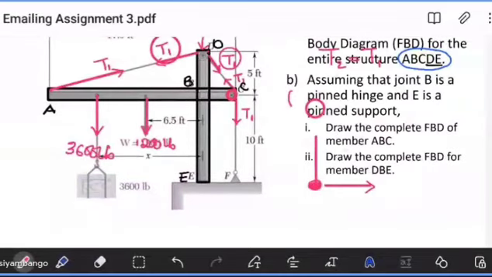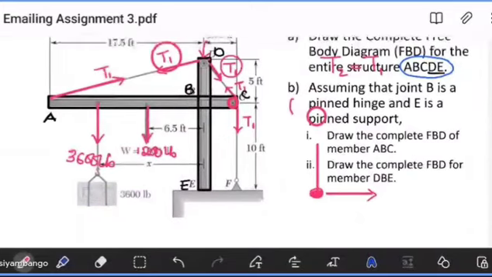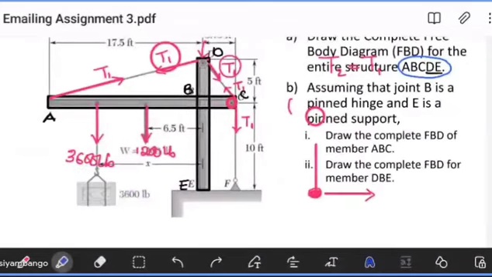Now, the direction of these forces is a matter of guesswork. You can analyze the structure and try to predict that, okay, this is trying to fall in this direction, so a reaction must be such that it prevents the fall. For example, here, because of this force down here, the more probable situation is that this is trying to swing, falling forward like this.